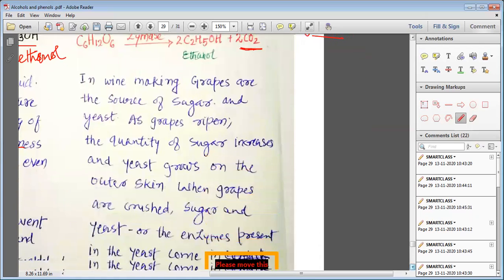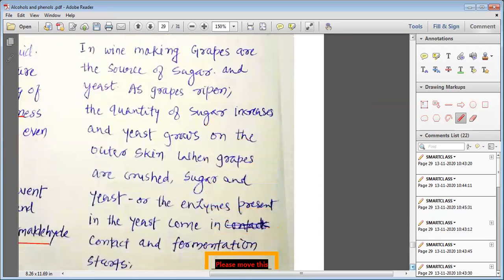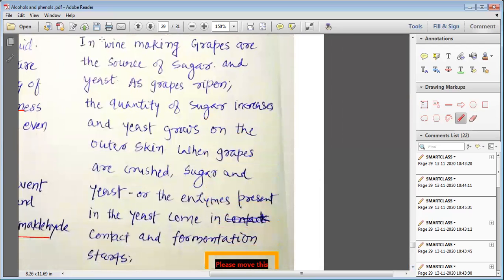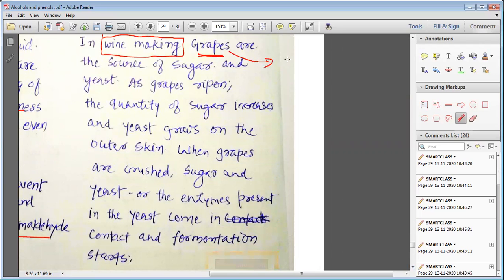The same fermentation process is used in wine making. In the process of wine making, we use grapes. These grapes are the source of sugar.